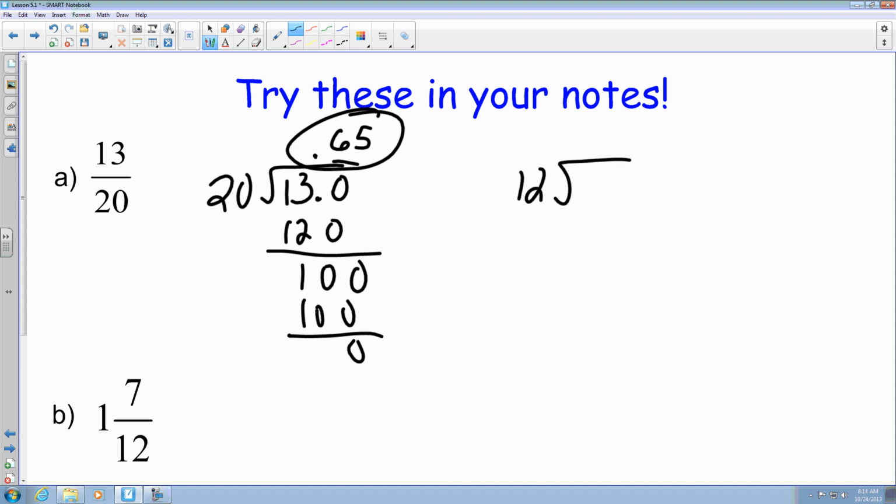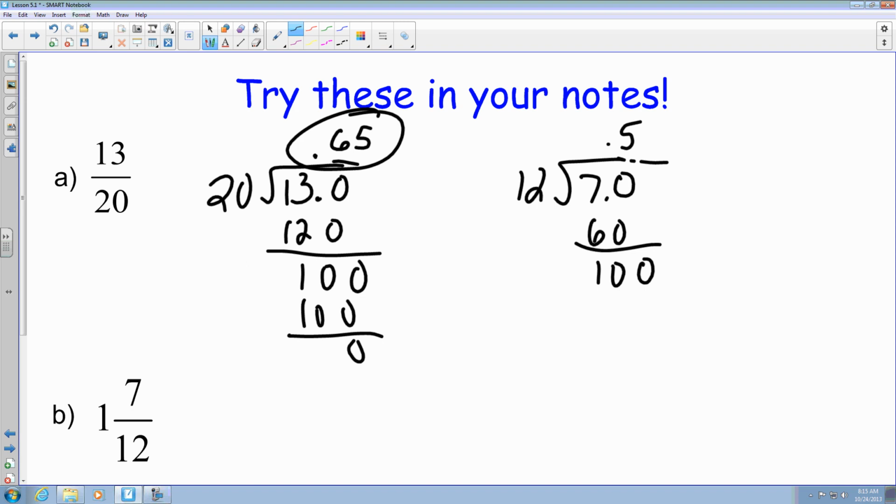And 1 and 7/12ths, if you look at, so I'm not going to worry about the 1, so I put 12 here, I put 7 here, put my decimal point, and how many times does 12 go into 70? Well, the answer is 5. And 5 times 12 is 60, which leaves me with a remainder of 10, so drop down a 0.